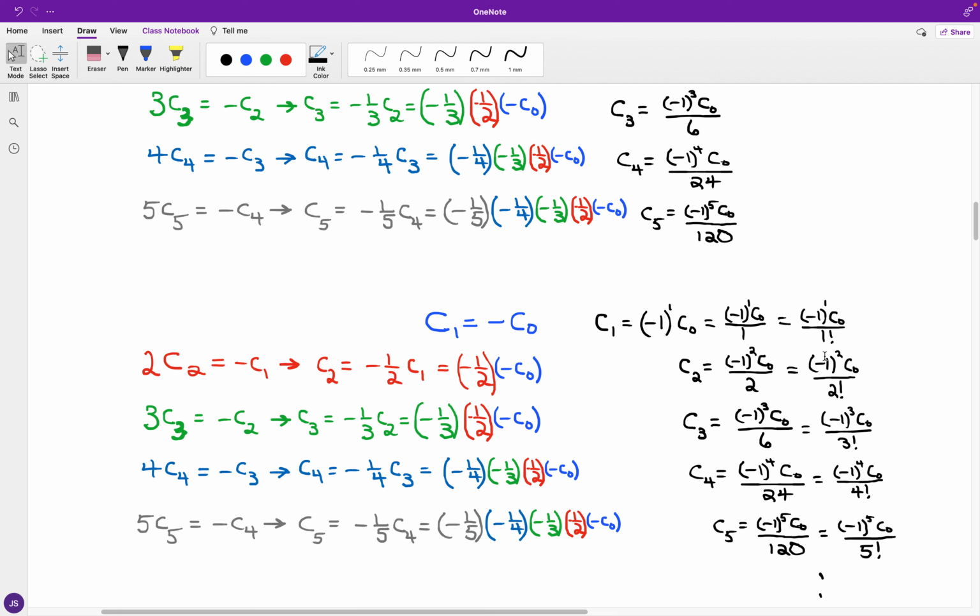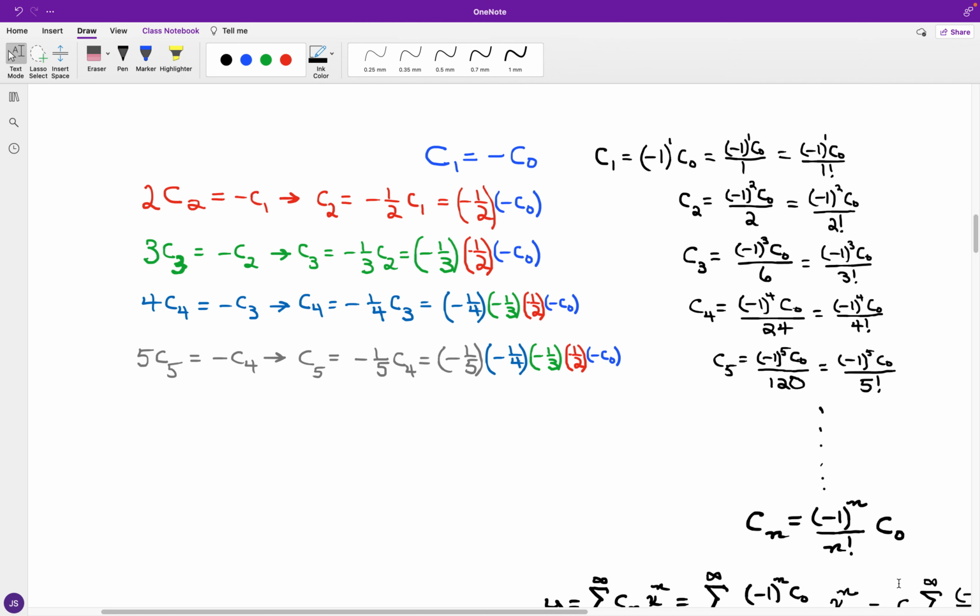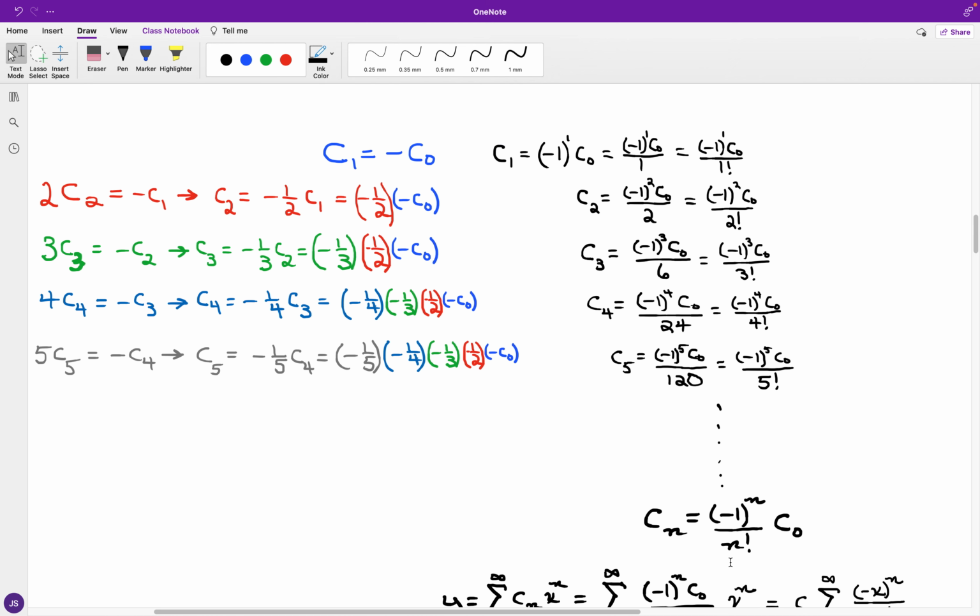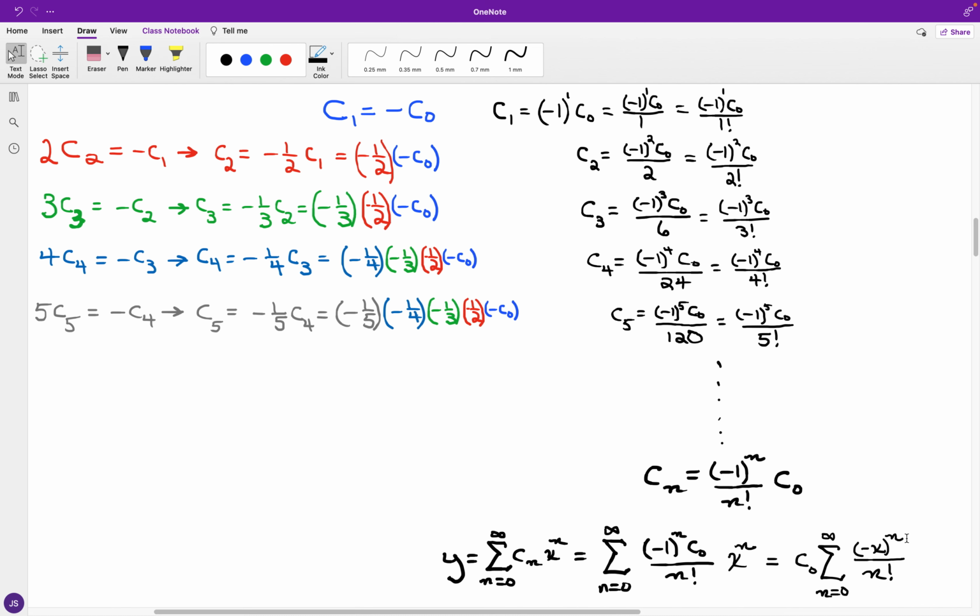You notice the degrees to which negative 1 is raised, and what we're taking the factorial of, match the subscripted value for each of the respective constants. So we can say that for any natural number n, c sub n is equal to negative 1 to the n over n factorial times c naught.